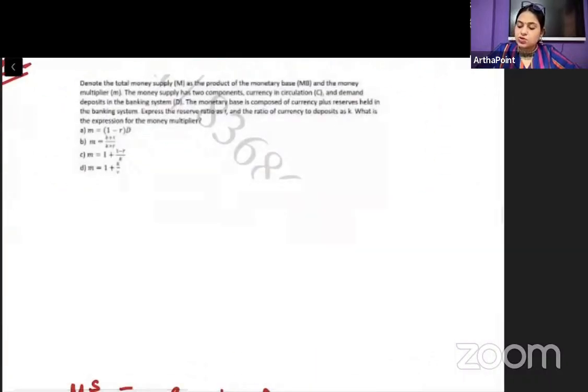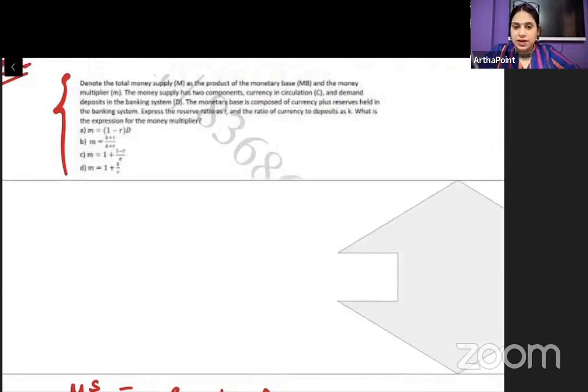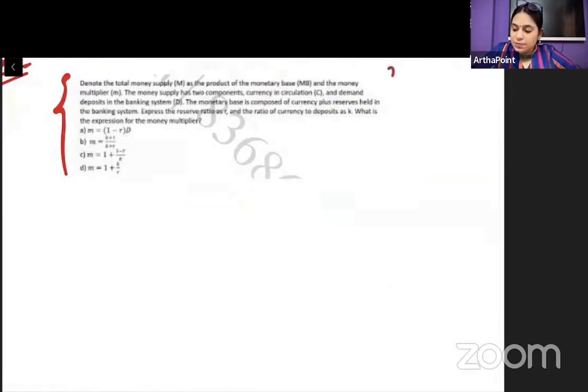Okay, come to the next question. It says denote the total money supply as the product of monetary base and money multiplier. The money supply has two components, currency in circulation and demand deposit. So they have made the question so easy that even though you have never done the concept of money multiplier, just if you keep following the steps that they have given, you will be able to solve it.